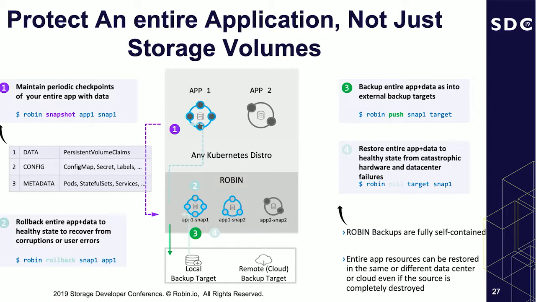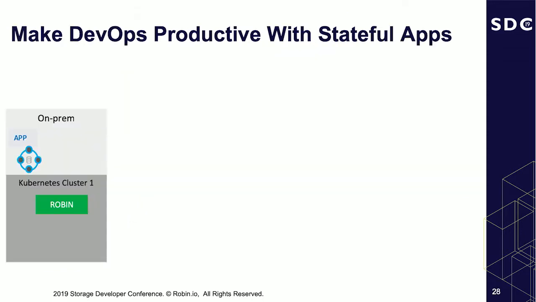It could be a different Kubernetes cluster. It could be a Robin cluster which is freshly spun up on the cloud just for this purpose, right? Because the snapshot is entirely self-consistent, it has all the information required about this application at that point in time. We're able to spin up instances anywhere without dependency, without the need that it can be restored only on the particular cluster where the application was originally run.